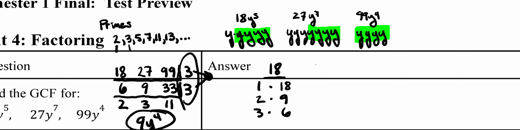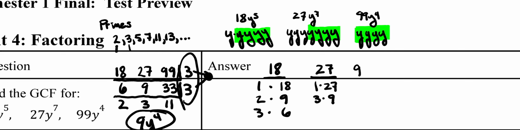And then I go to 27. Do the same thing. 1 times 27. 2 won't go into 27, but 3 will. 3 goes in there 9 times. And then 4 won't go in, 5 won't go in, 6 won't go in, 7 or 8. So those are all the factors, 1 and 27, 3 and 9.